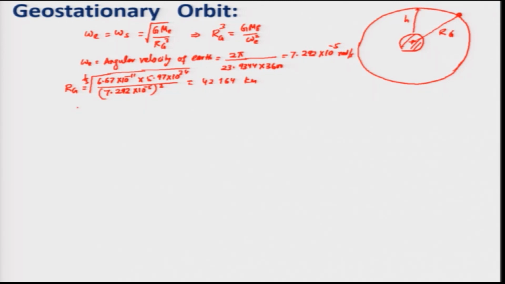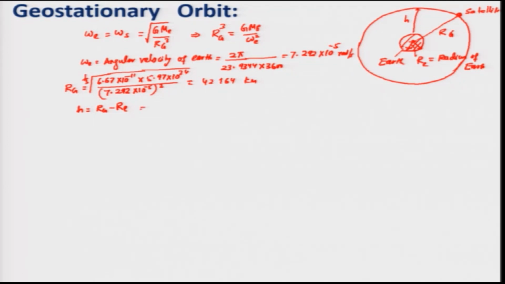And keep in mind that this is your h. As I told earlier, h will be r G minus r E, where r E is the radius of the earth, this is your satellite and this is your earth.